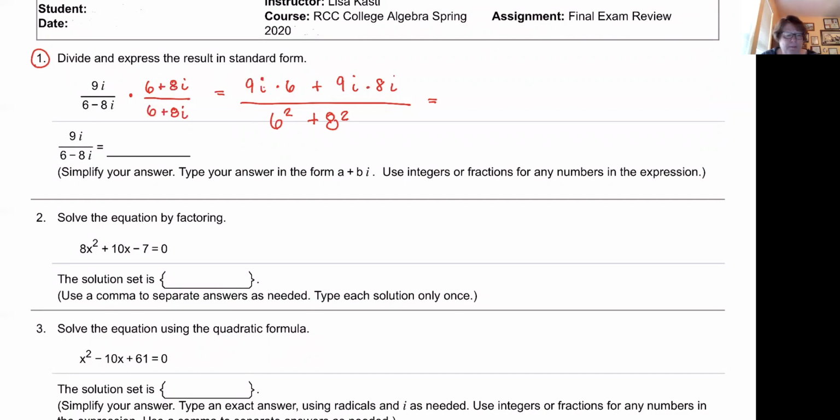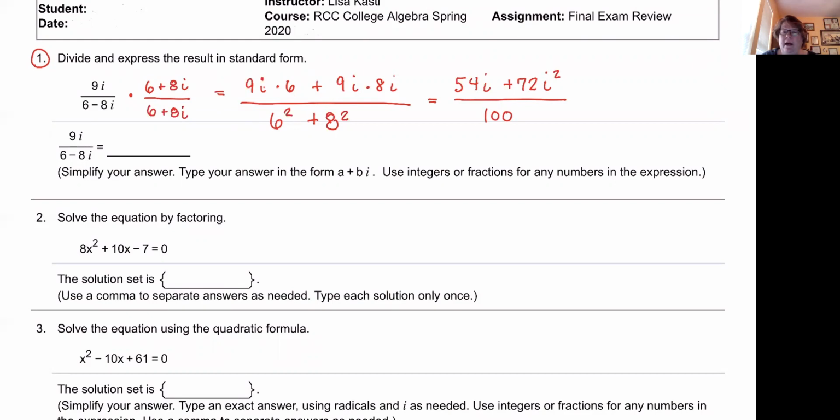So what I get is 9i times 6 is 54i plus 72i squared. And I note right then and there that the i squared is going to be -1. And in the denominator, I'm going to get 36 plus 64, which will be 100.